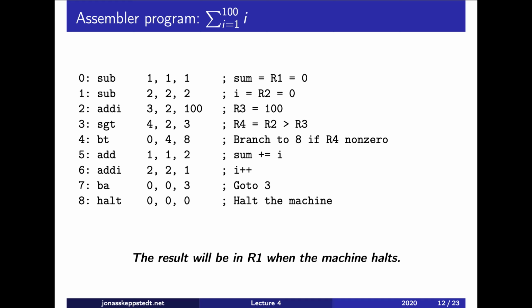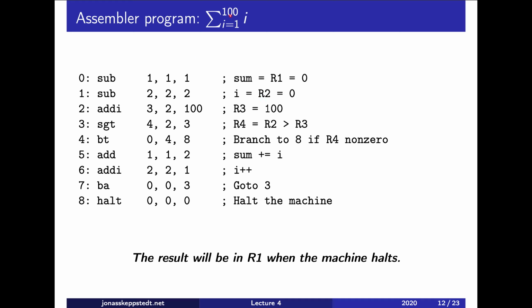And what we can do then is to say that we have a variable sum, and then we use register 1 for that variable, and we start by setting this variable to 0 by subtracting in the same way as we did before. And I is in R2, and we set it to 0 as well.